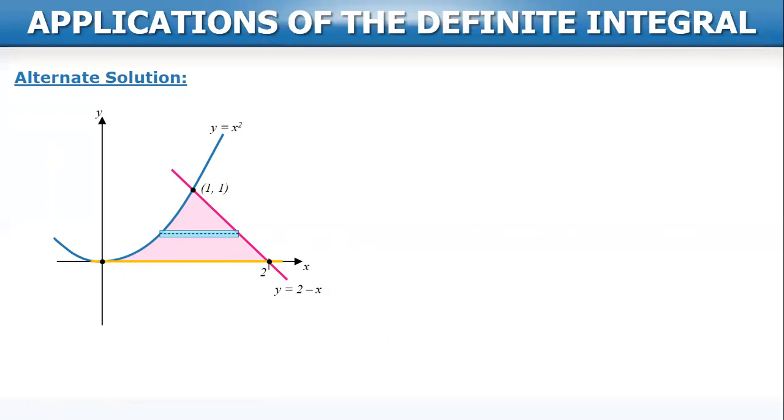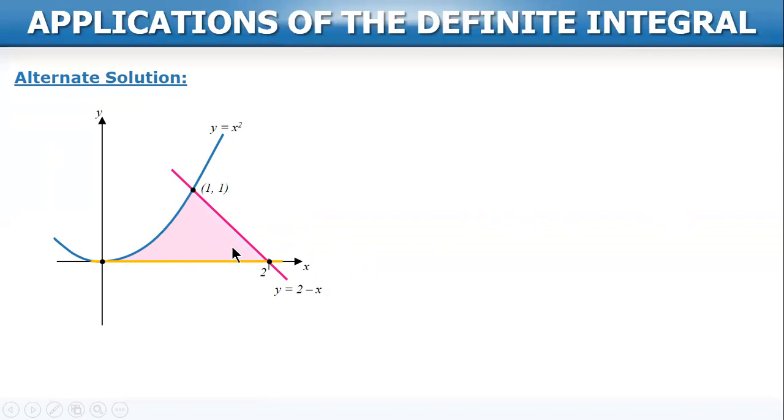Consistent. Therefore, there's no need to break the area into two integrals. It's different for vertical rectangles, because there it is not consistent. From 0 to 1, the upper graph is a parabola. From 1 to 2, the upper graph is a line.